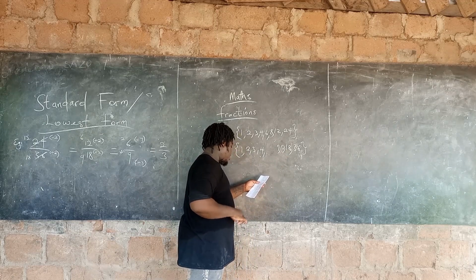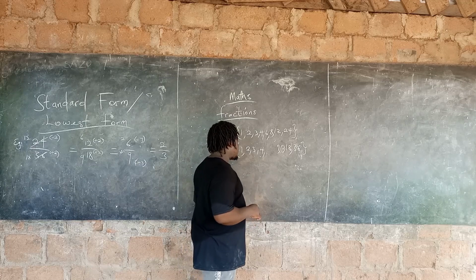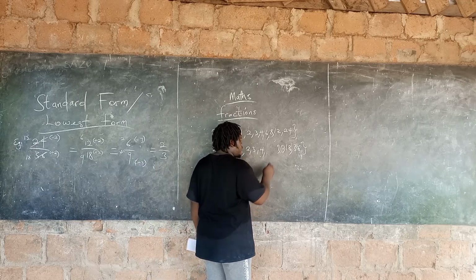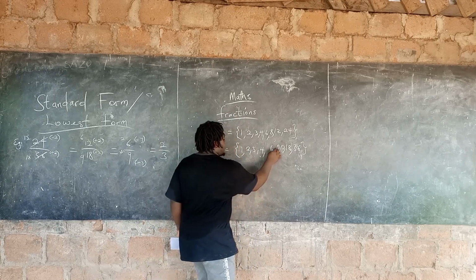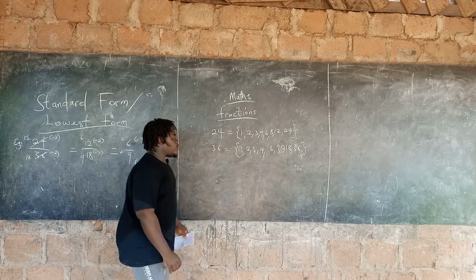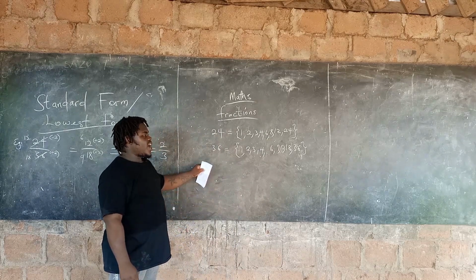And then 6 times 6 is 36 too. So it means that's the last factor. Good. I hope you've seen how I did it.